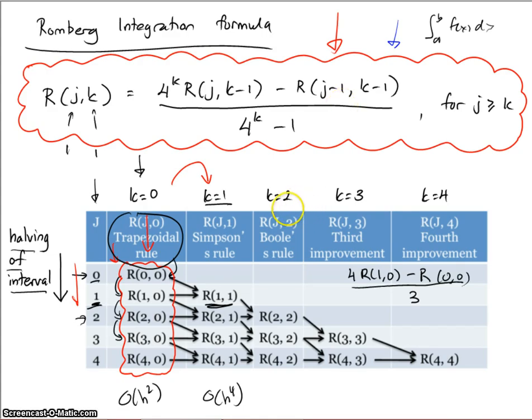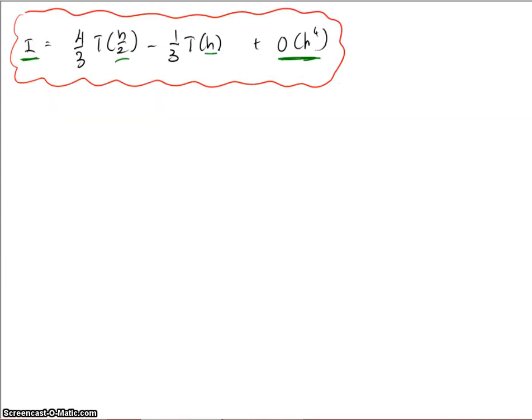And what you can see from here is that you need to take 4 times R10, which is a solution of your trapezoidal rule using 2 segments, and you minus off R00, which is a solution of your trapezoidal rule using 1 segment, and you divide by 3. This formula is the same as the formula from the Richardson's extrapolation rule that we have.